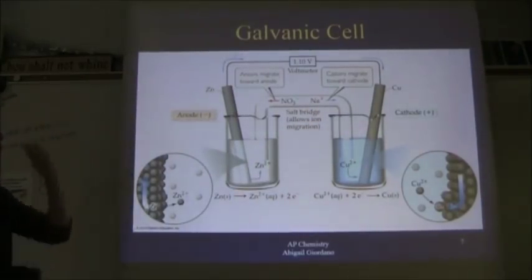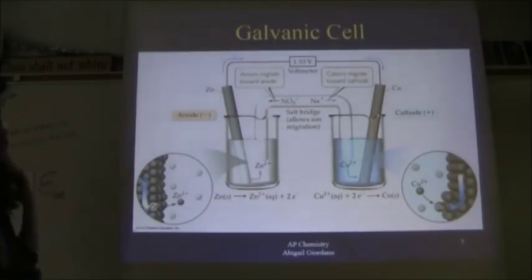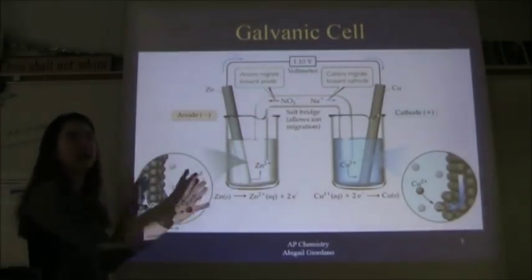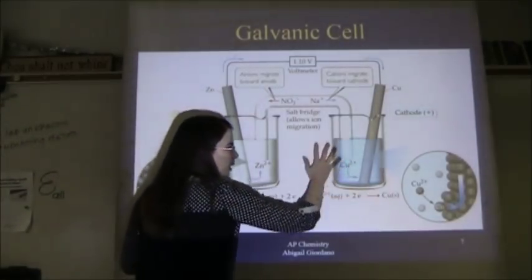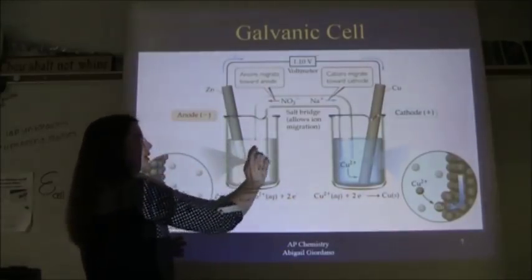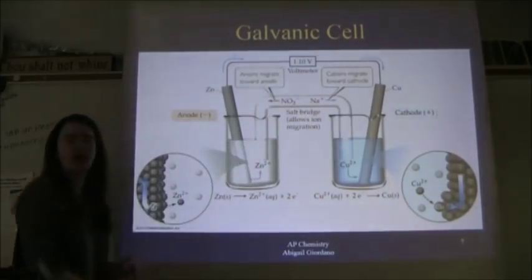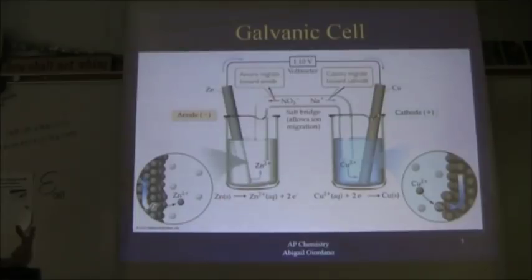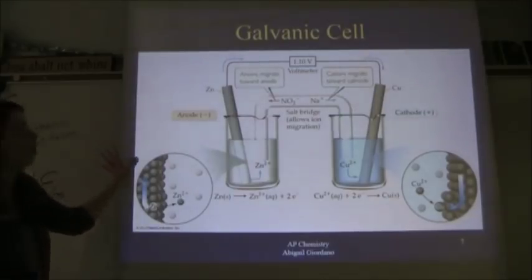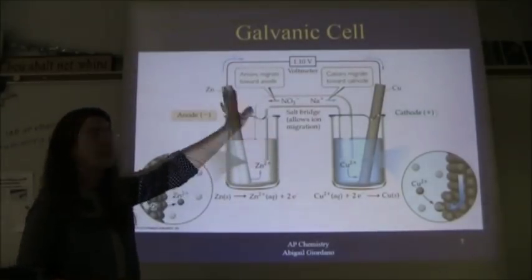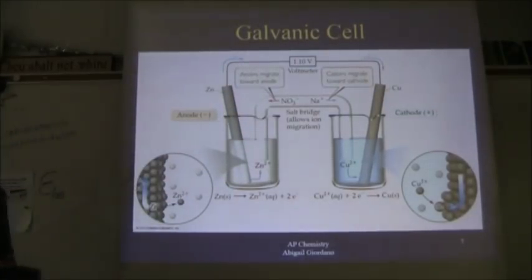Both of those things will prevent that big imbalance of charge, big negative, big positive. The salt bridge helps maintain a charge balance in this whole setup. And by the way, this whole setup has a fancy name. It's called a galvanic cell.